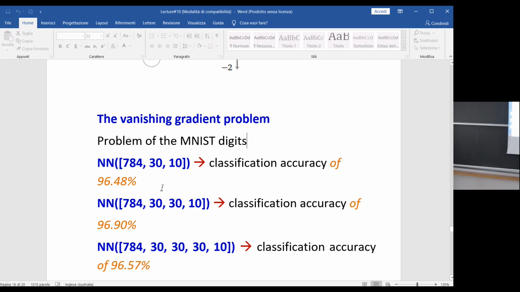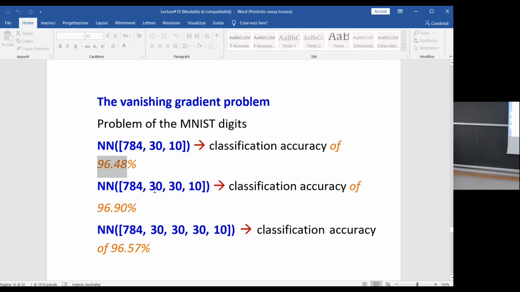And using our normal procedures with normalization, with the cross entropy function and so on, with all prevention of problems of learning, we can reach a classification accuracy of 96.48.